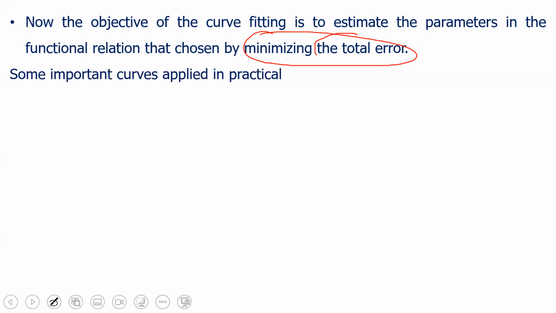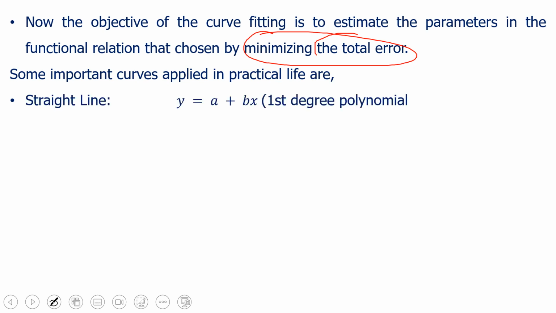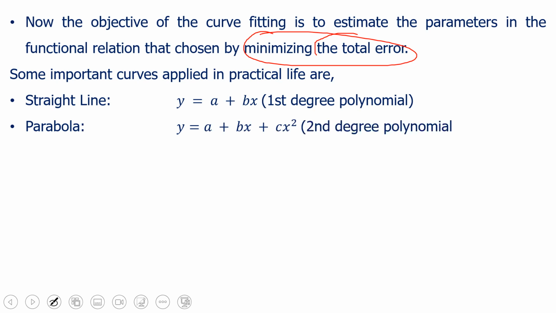Now let us take some important curves. What are the important curves which can be best fitted using the least square method? Some important curves applied in practical life are: first, the straight line, y is equal to a plus bx, which is a first degree polynomial. Second, the parabola, y equal to a plus bx plus cx square, a second degree polynomial.